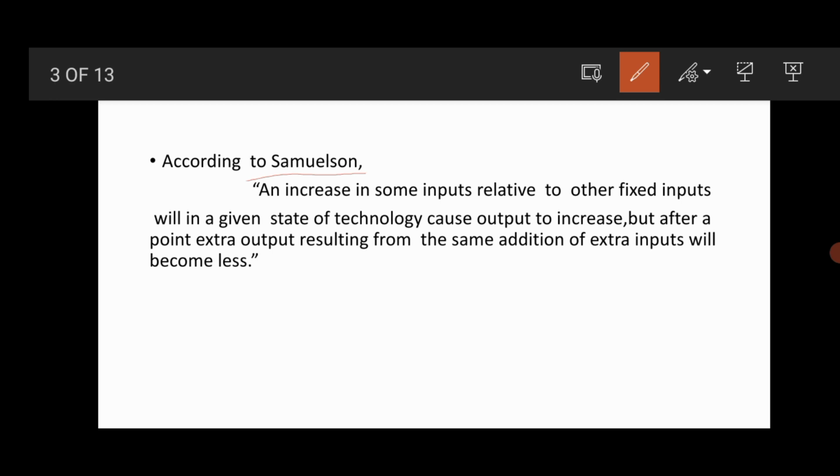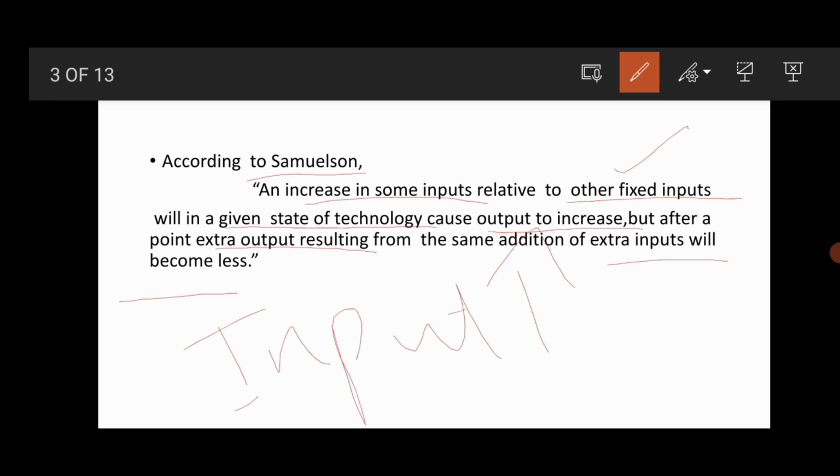There is one definition which was given by Samuelson. He said that an increase in some inputs relative to other fixed inputs will, in a given state of technology, cause output to increase, but after a point, the extra output resulting from the same addition of extra inputs will become less. It means that an input was increased continuously while the other fixed inputs and the technology were kept constant.